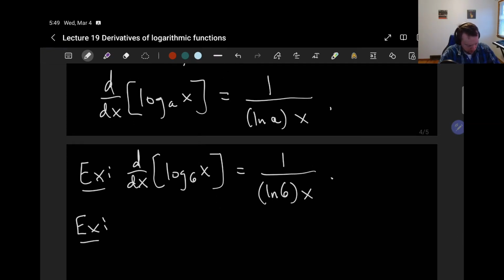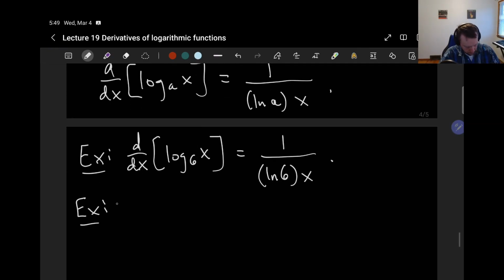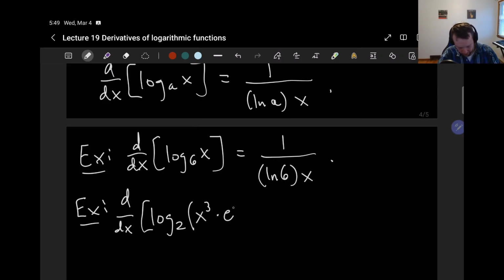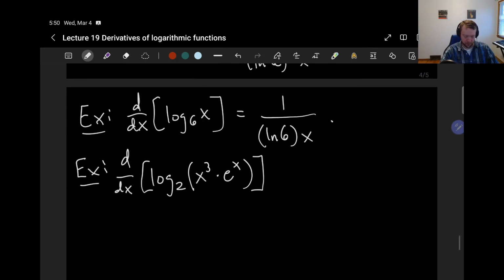This one will be a little more complicated. Let's take the derivative of log base 2 of x cubed times e to the x. Now, I suppose we might be able to do a little bit by taking advantage of the log rule when you're taking a log of a product.